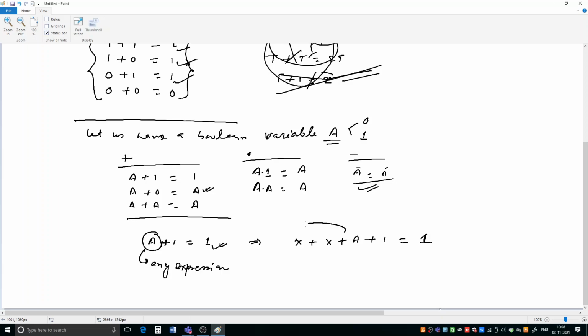It doesn't matter how big the expression is. If 1 plus 1 is there in that expression, blindly you can write it is 1. Very important concept here.